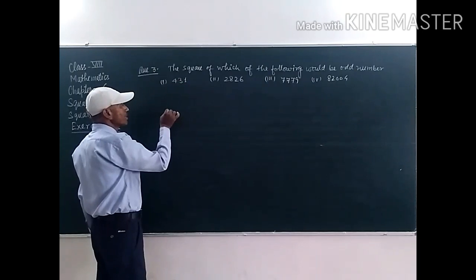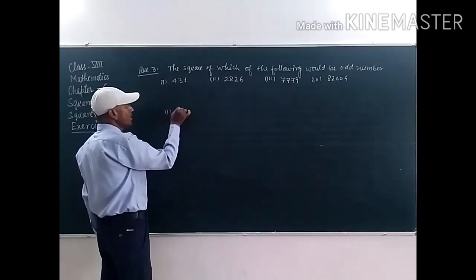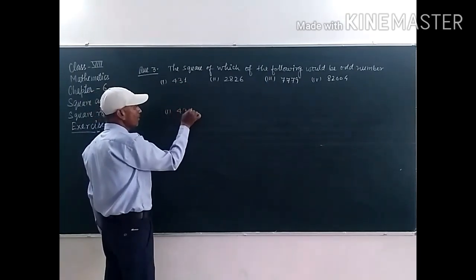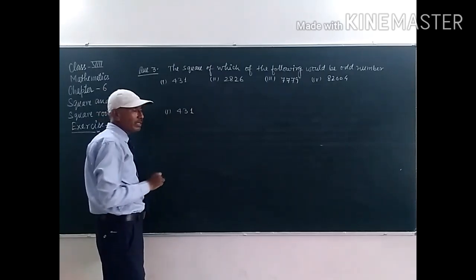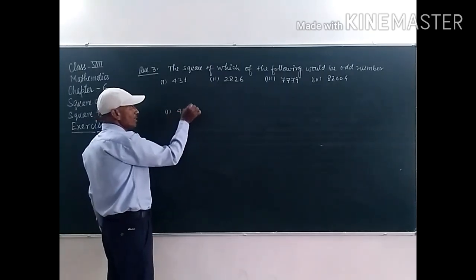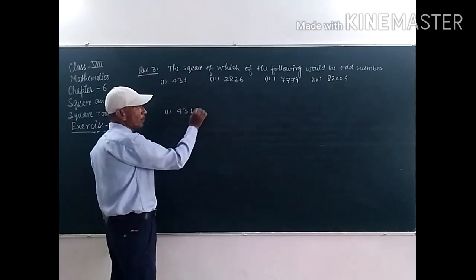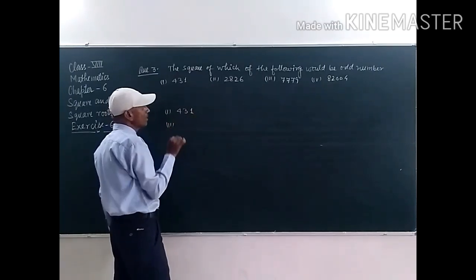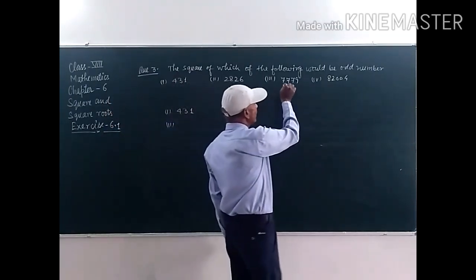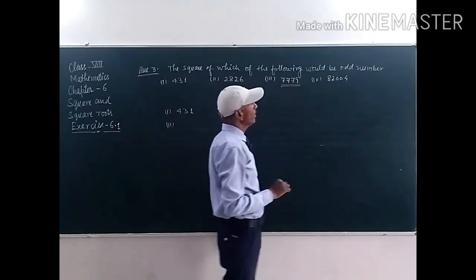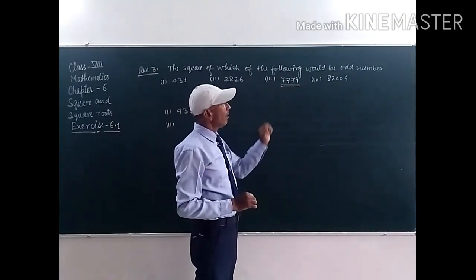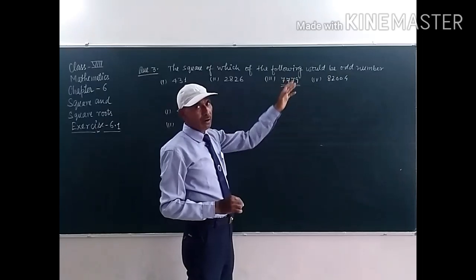So in this first number, that is 431, it is an odd number, student. So square of this number would be an odd number. And second one, student, is also an odd number. So square of this odd number would be odd number.